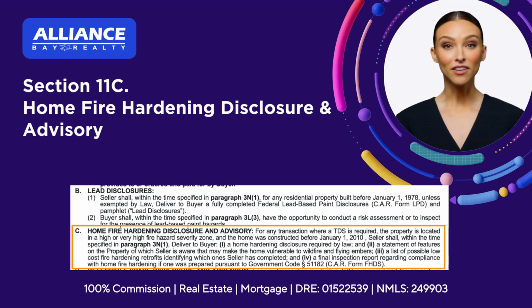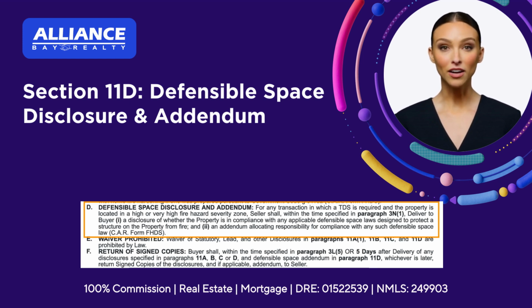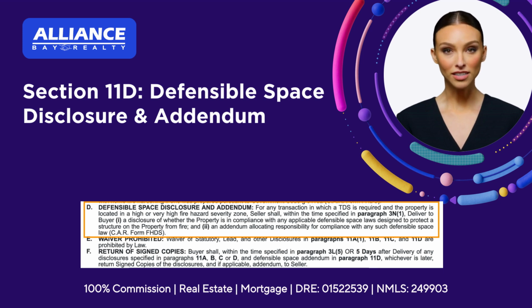See CAR FHDS. Section 11D, Defensible Space Disclosure and Addendum. If TDS is required and property is in a high/very high FHSZ, seller delivers to the buyer, within the time specified in Section 3N1, a disclosure of whether property complies with defensible space laws, and an addendum allocating who will complete any needed compliance, CAR FHDS.